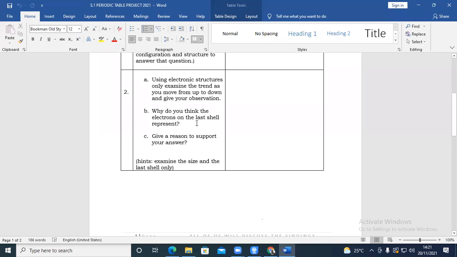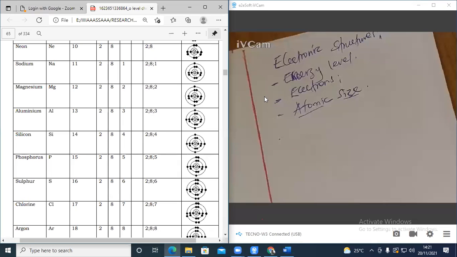What do you think the electrons on the last shell represent for every member? Group 1, the last energy level had how many electrons? 1. Then 2.